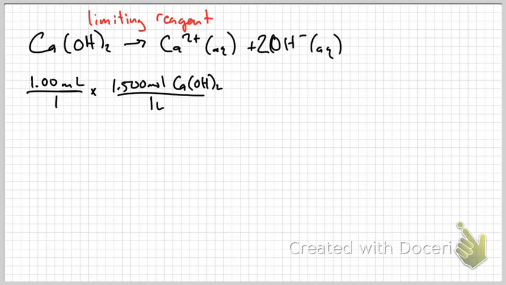How do I use that top equation in this one here? Do we care about the number of moles of calcium hydroxide? What do we really care about? Hydroxide. So what's the next step? Remember stoichiometry for a semester?